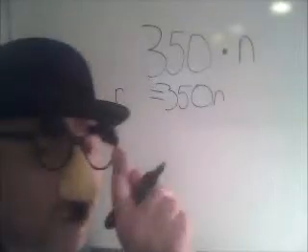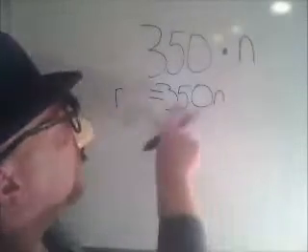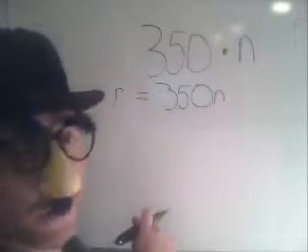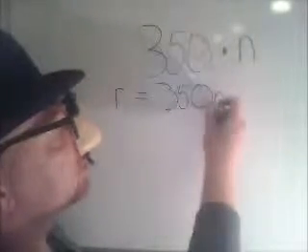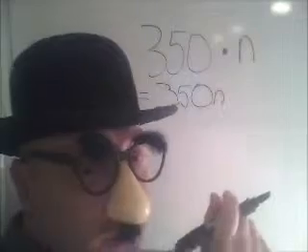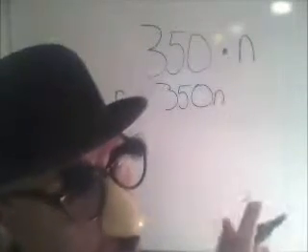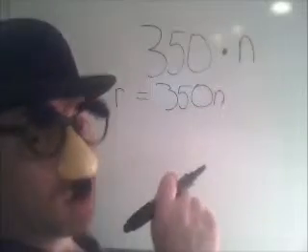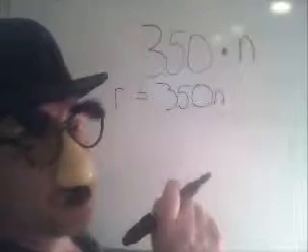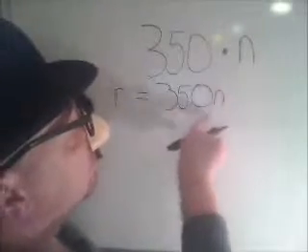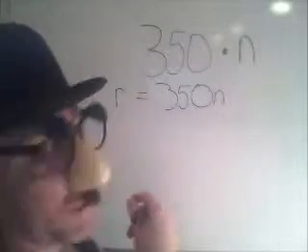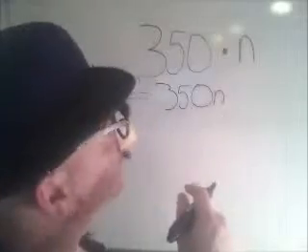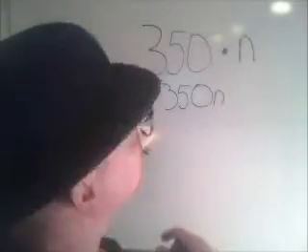R equals 350 times the number of customers, which is an unknown. We don't know how many there will be. There may be one customer, in which case we're going to cry and wonder when bankruptcy court is, or 100 customers come in, in which case we make 350 times 100, which would be 35,000 in one day, which is pretty good. It's spectacular.